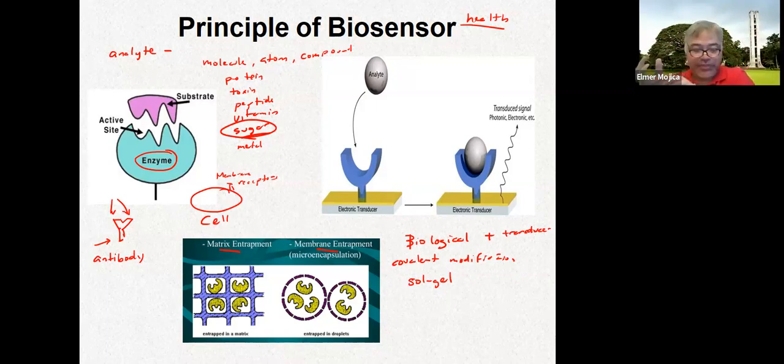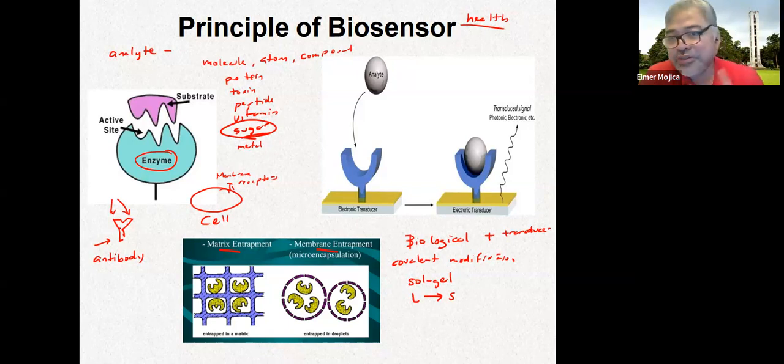So yung gel parang tinatawag nating glass-like property. So parang yung tinatawag na sol gel from a liquid going to a solid. So once they become what we call solid, you can entrap the biological component.